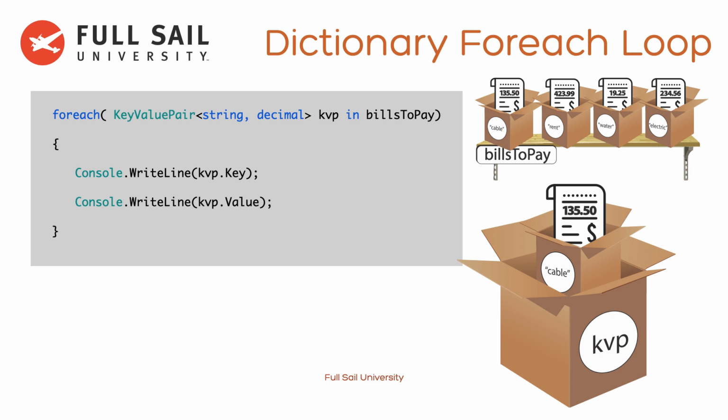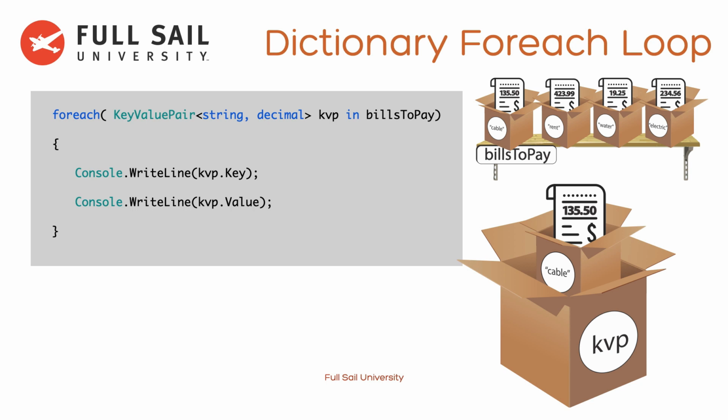What that did is the kvp.Key would take the label from the box, so that is the cable, the string, and the kvp.Value would take what's inside of that box, so the 135.5. And then each and every time, it would cycle through and go to the next box.